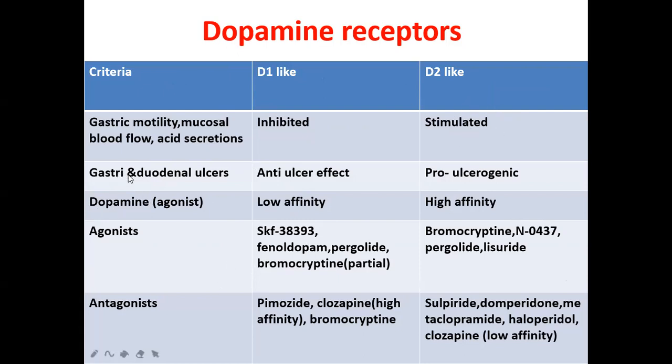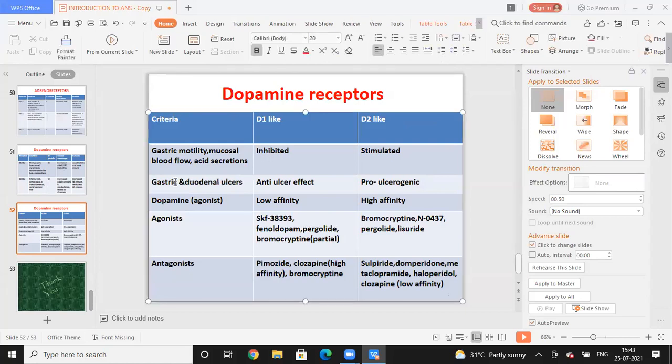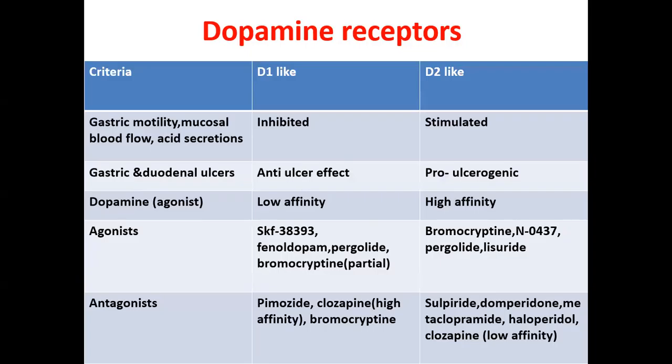Then we talk about gastric and duodenal ulcers. D1-like have an anti-ulcer effect, whereas D2-like are pro-ulcerogenic. When you talk about dopamine agonists, D1-like receptors have low affinity, while D2-like have a high affinity to dopaminergic agonistic activity.